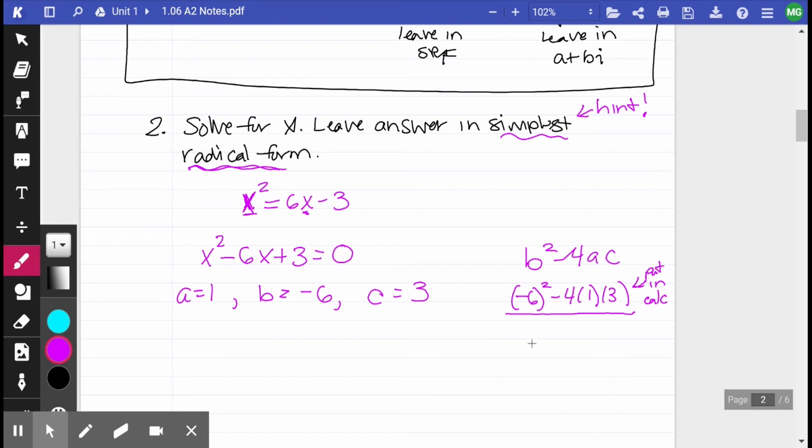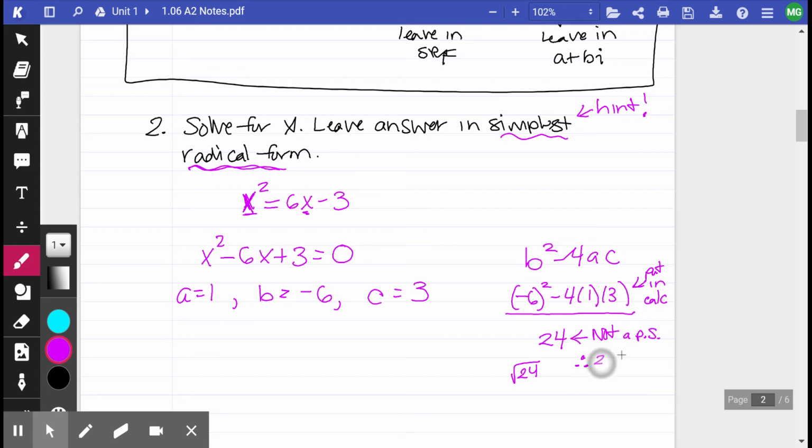Okay, pause if you need more time to do that. And your answer should be 24. So we're looking at 24. You should be asking yourself, if you visualize 24 underneath a radical, is that a perfect square? No, it is not a perfect square. That means we're going to have irrational roots.